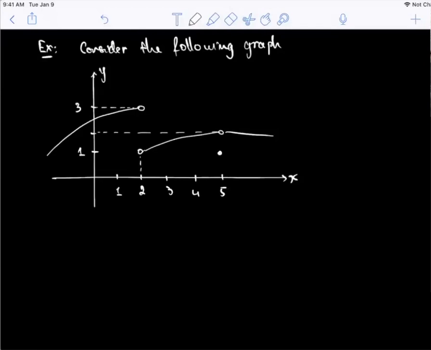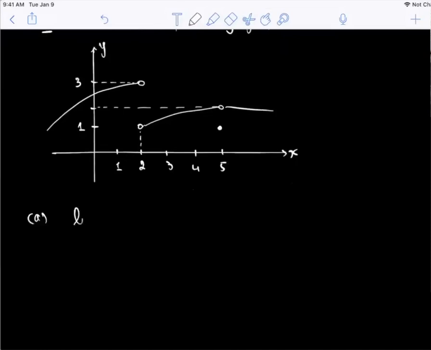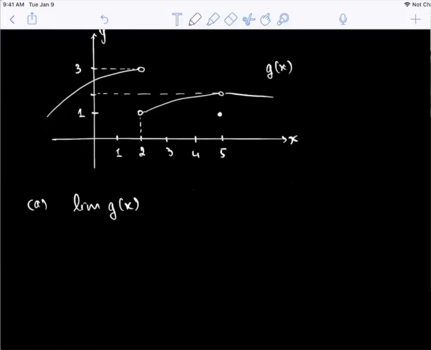and that is the graph. The purpose of this example is to find the limit of the functions using this graph. Right, so what is the limit of the function? I call this function g of x. What is the limit of g of x as x approaches 2 from the left?